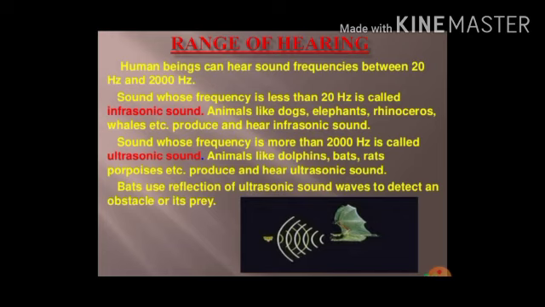Bats use reflection of ultrasonic sound waves to detect an obstacle or their prey. Bats do not have proper vision during nighttime, and they communicate with the help of the sounds produced by them, ultrasounds. Even to detect prey or whether an obstacle is there or not, they produce ultrasonic sounds, and they identify the vibrations reflecting back.